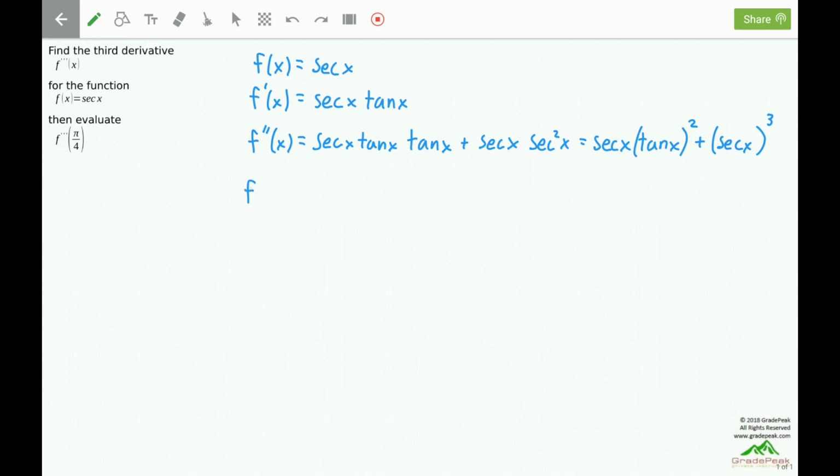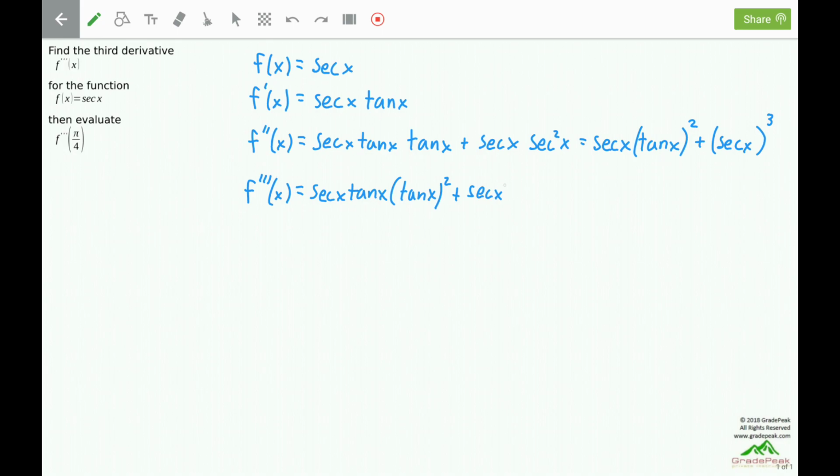And now we can find our third derivative, f triple prime of x. The first term is a product rule, a secant times a tangent x squared. Derivative of the first, derivative of secant, secant tangent, times the second left alone, tangent of x squared, plus the first left alone, secant x, times the derivative of the second.